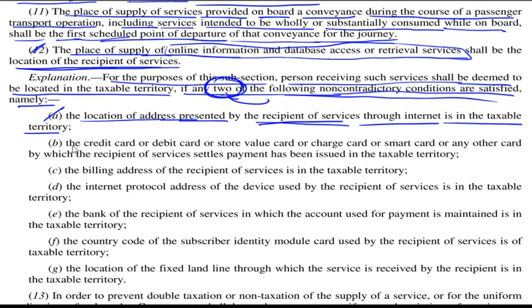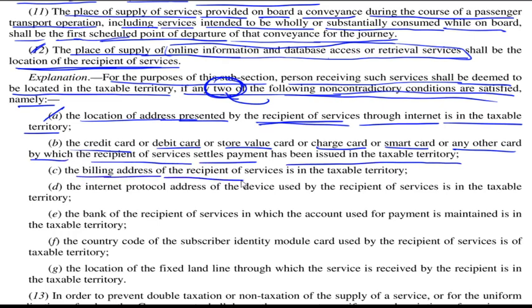Or condition B: credit card, debit card, stored value card, charge card, smart card or any other card by which the recipient of service settles payment has been issued in the taxable territory. Condition C: billing address of the recipient of service is in the taxable territory. Condition D: internet protocol address of the device used by the recipient of service is in the taxable territory.